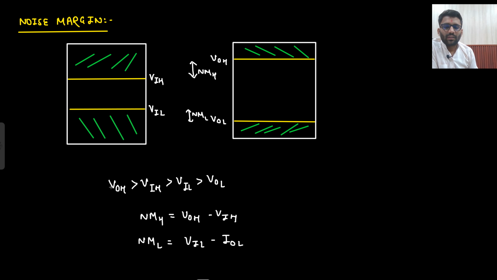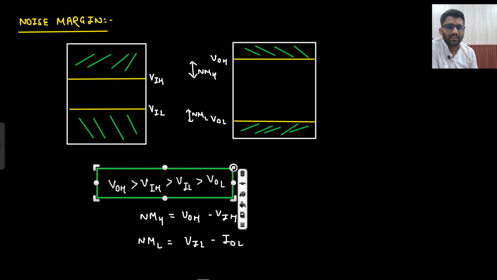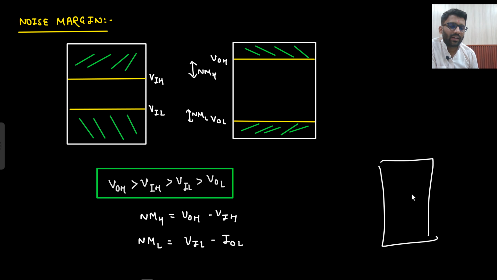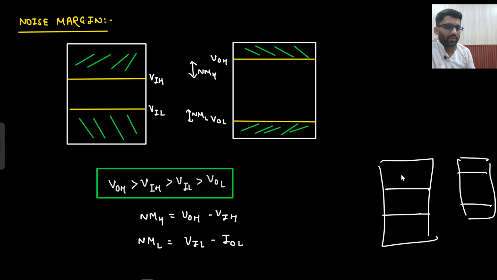Now this question is asked many times in the exam, that you need to tell the order. So you should be able to remember the diagram. This is the diagram. You would know that this band is high and this band is low. So from where would you start? From here. This band is high, so VOH is the highest voltage. 4 volt, 3 volt, 2 volt, 1 volt.